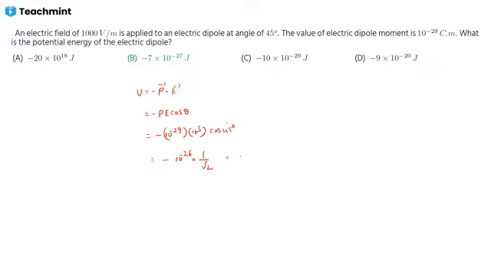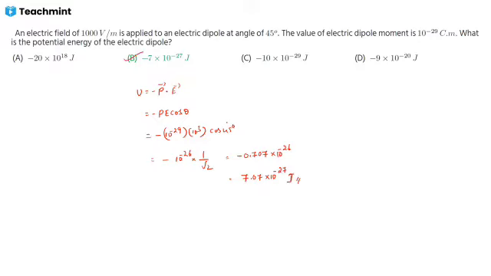So after simplifying, we'll be getting it as minus 0.707 into 10 power minus 26. But in options, so they given that one. So adjust the decimal points. So 7.07 into 10 power minus 27 joules. Okay, that is option B.